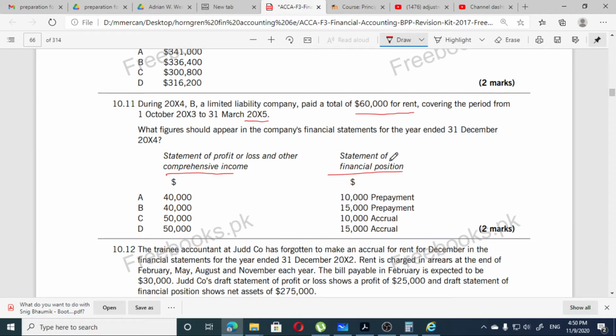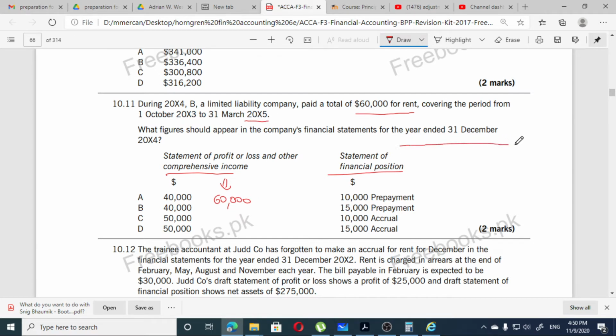In the statement of financial position, let me write under this. We have $60,000 rent paid, which covers October 1, 2003 to 31 March 2005.